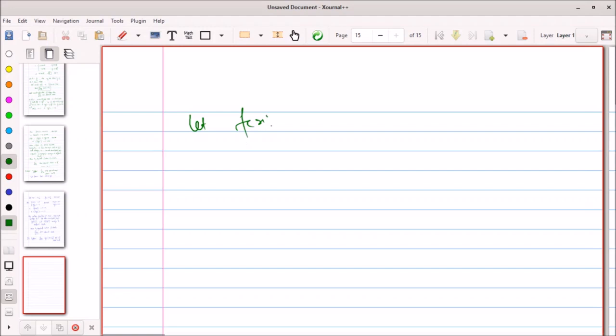Let f(x) equal to sin 1 by x for all x belonging to R.